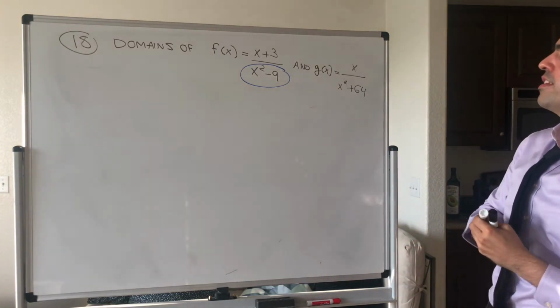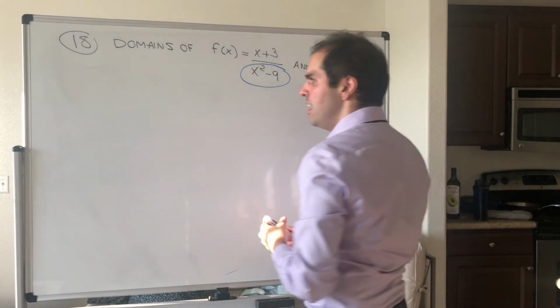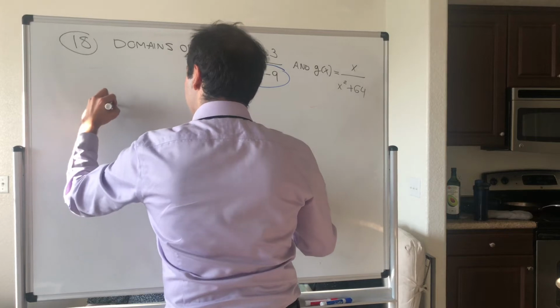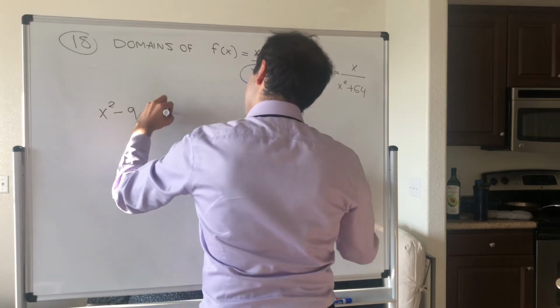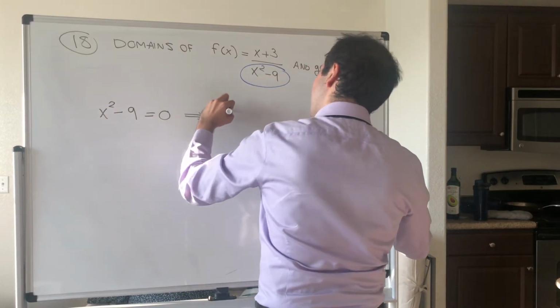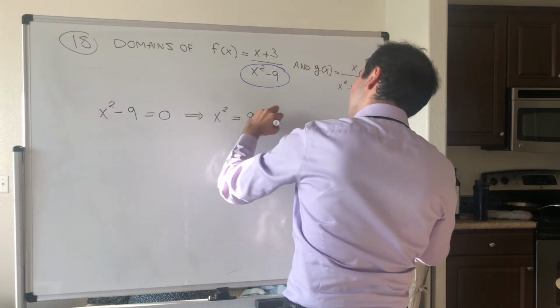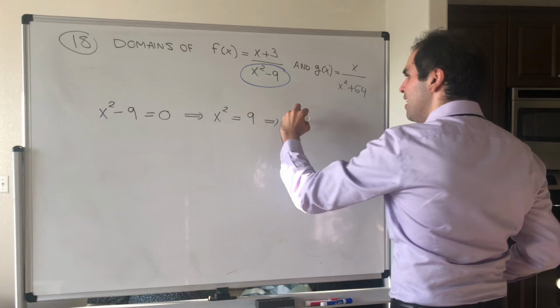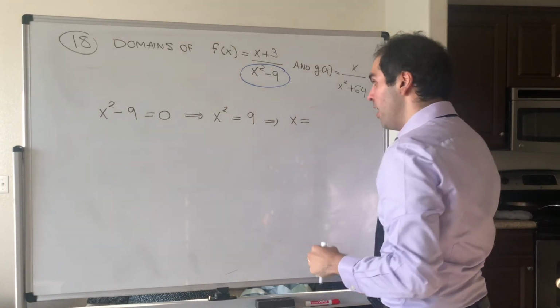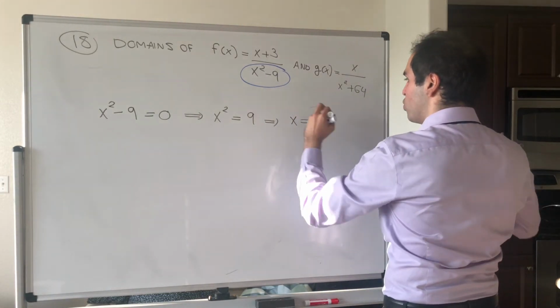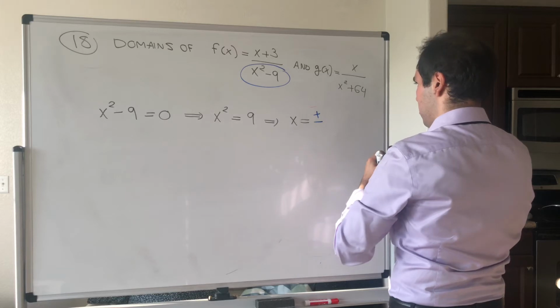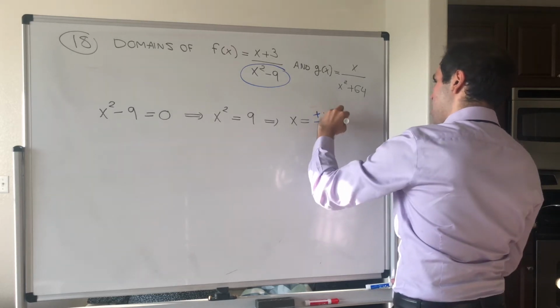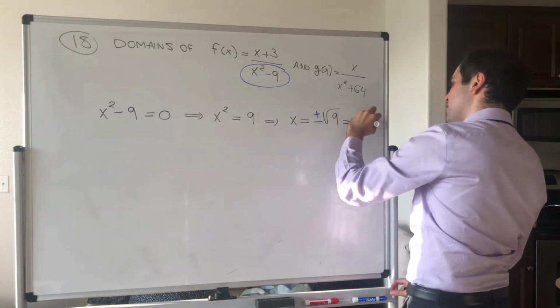So for instance, x squared minus 9, let's figure out when this is 0. Well, this is the same as x squared equals 9. And remember, if the square of a number is 9, it means that number is plus or minus square root of 9. So plus or minus 3.